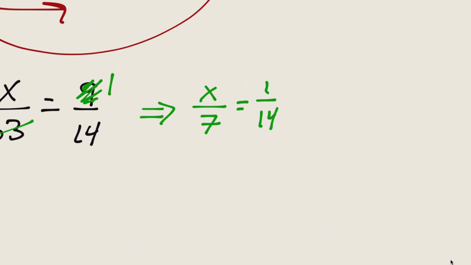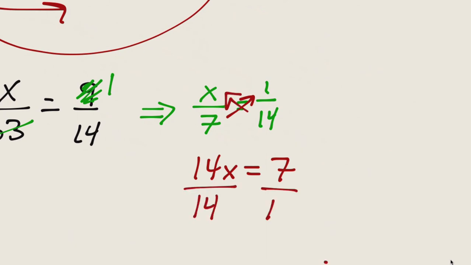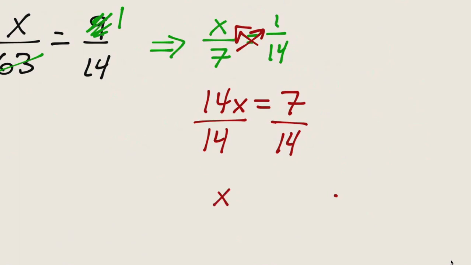So let's see if it did. We get 14x equals 7 through cross multiplication. If I divide both sides by 14, I get x equals what? 1/2. Is that 40.5?